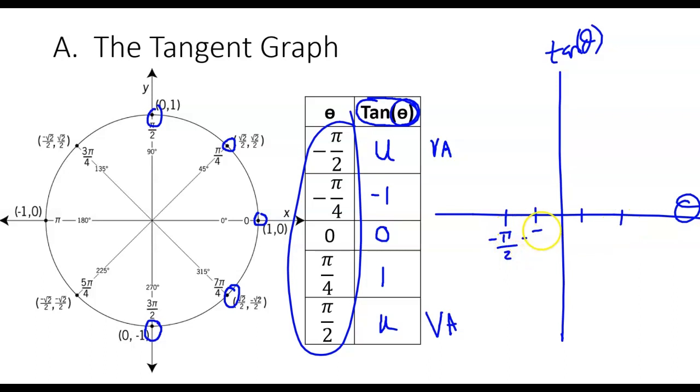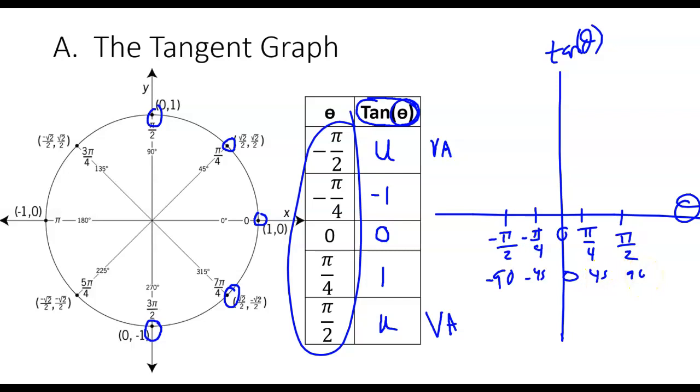Negative pi over 2, negative pi over 4, 0, pi over 4, and pi over 2. And just so you guys know, in degrees, that would be negative 90, negative 45, 0, 45, and 90.